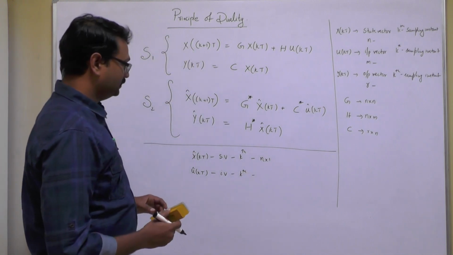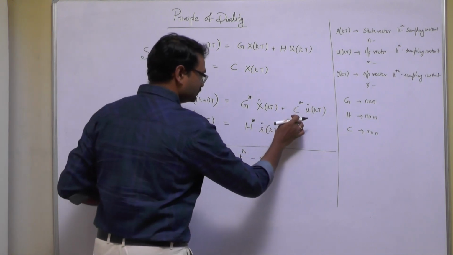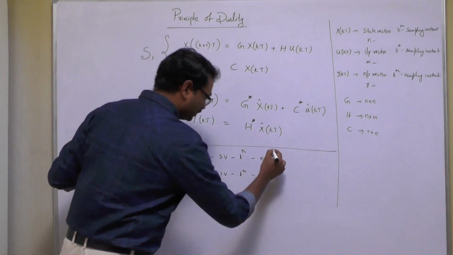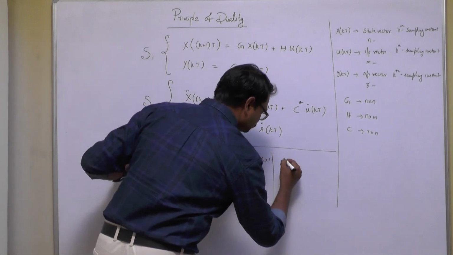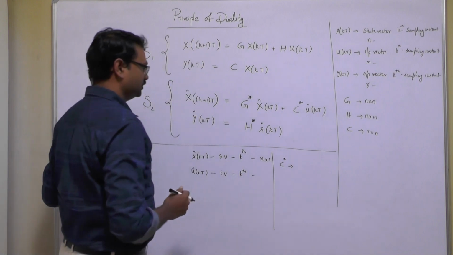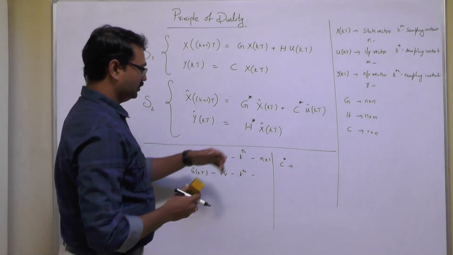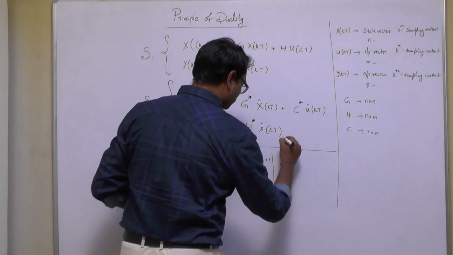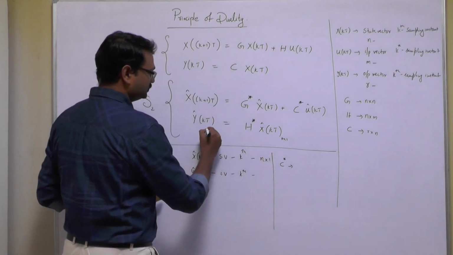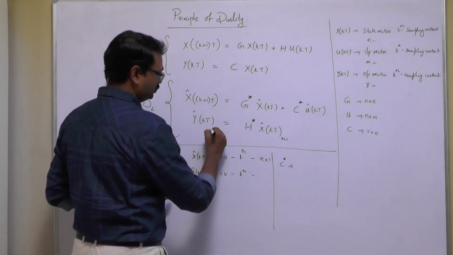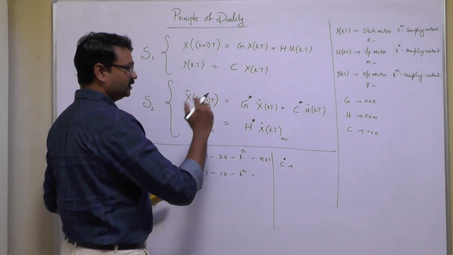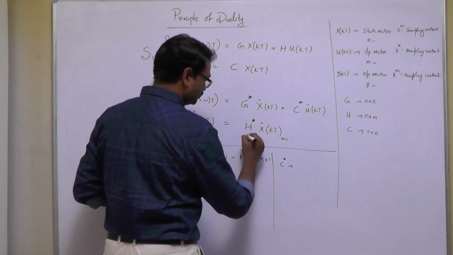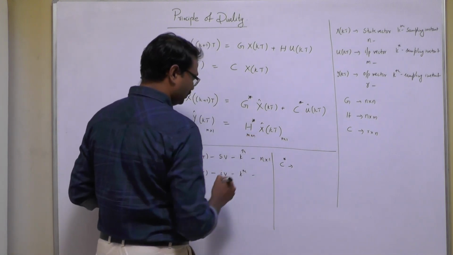Let us first write C star. C star is nothing but, now you have this as, for example, n by 1, and this as m by 1, because it is r by 1. We are interchanging these values, so this is nothing but m by n.